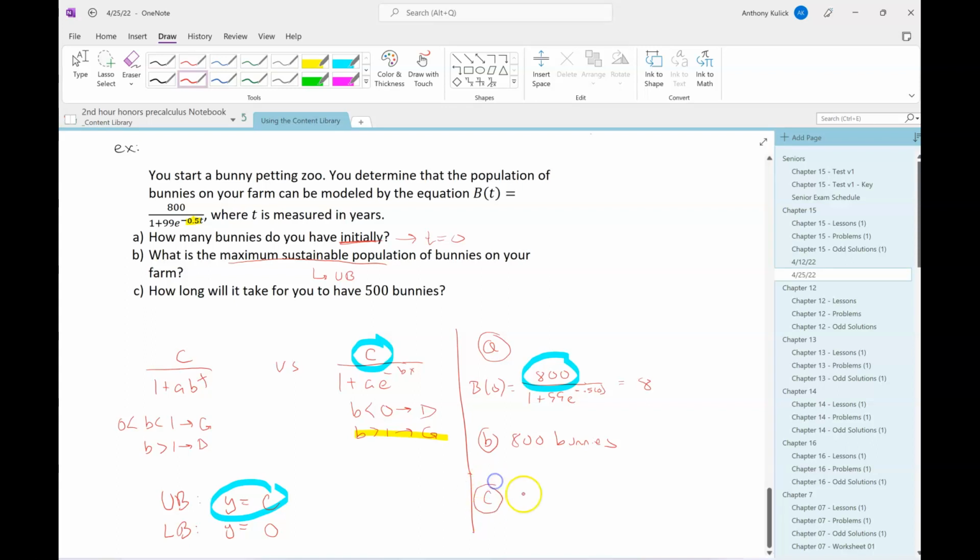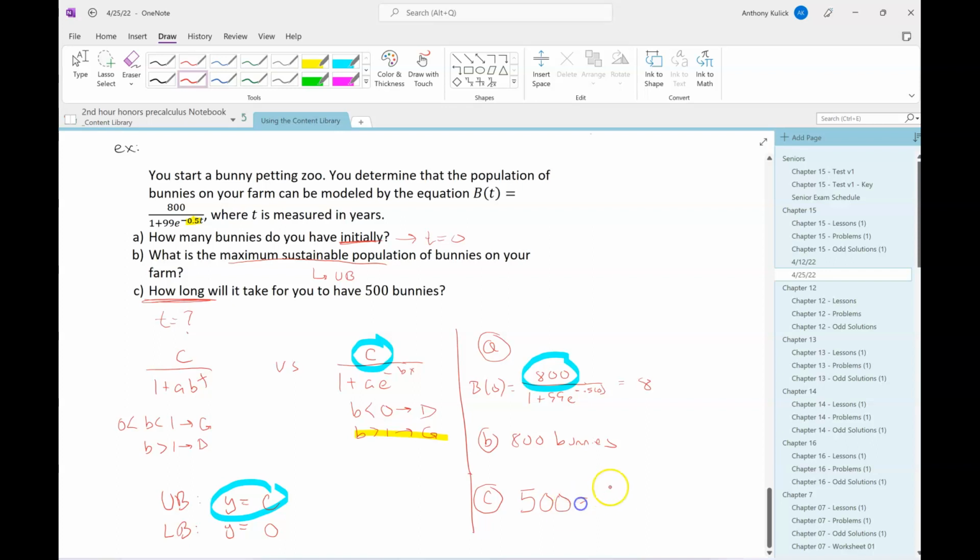All right. Part C says then, how long will it take for us to have 500 bunnies? How long is asking us to solve for T. Everybody agree with that? So where's the 500 going to be plugged into?